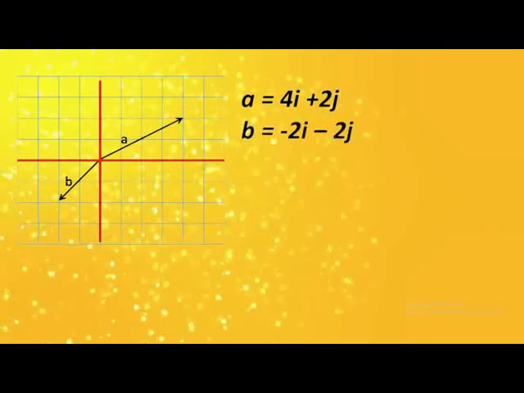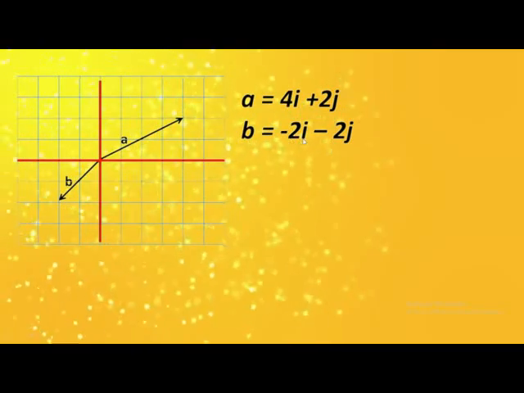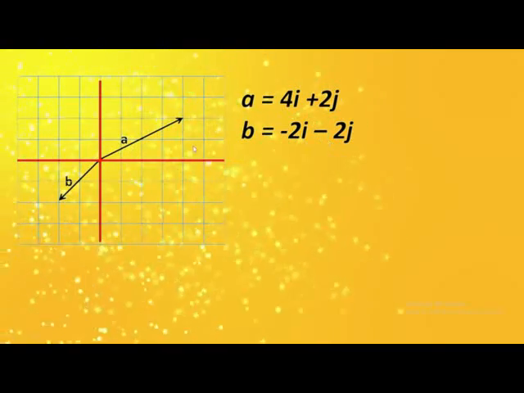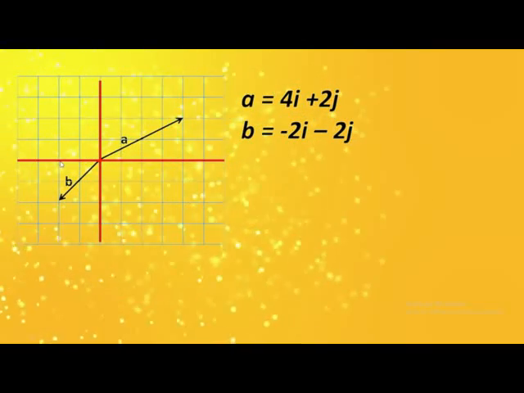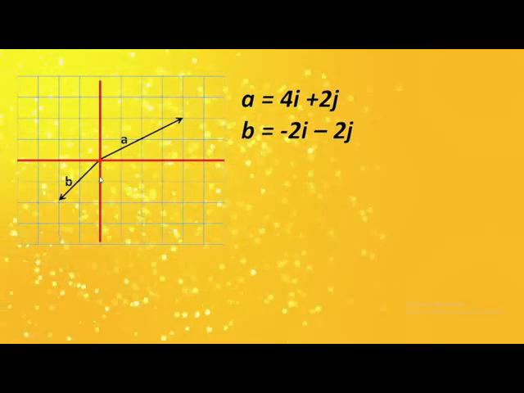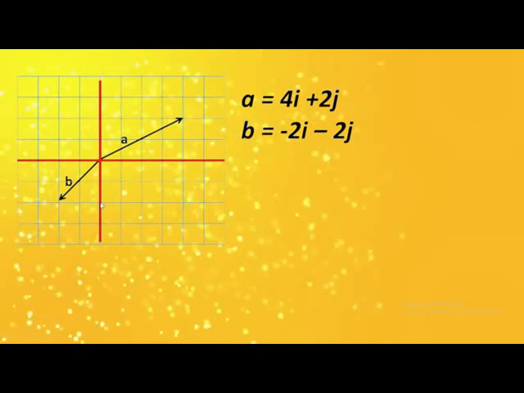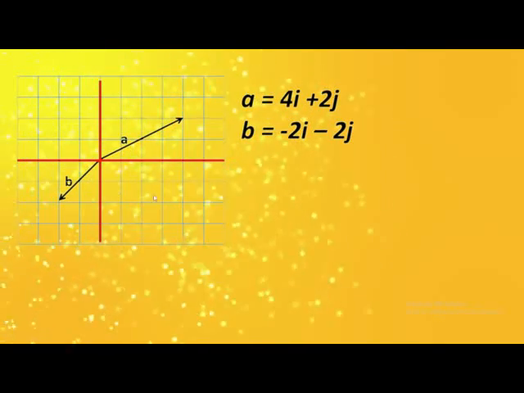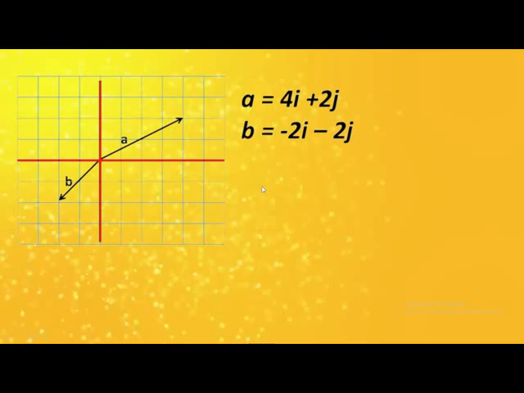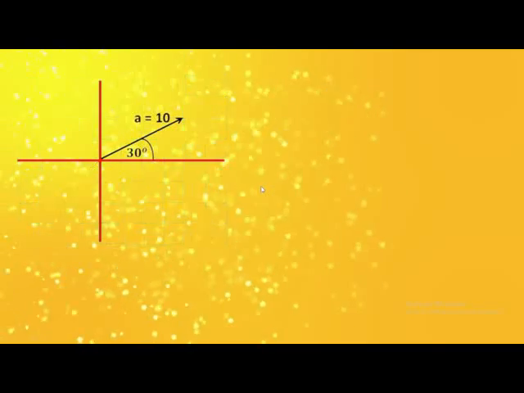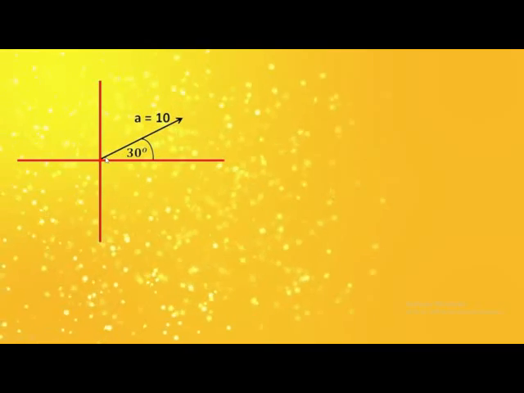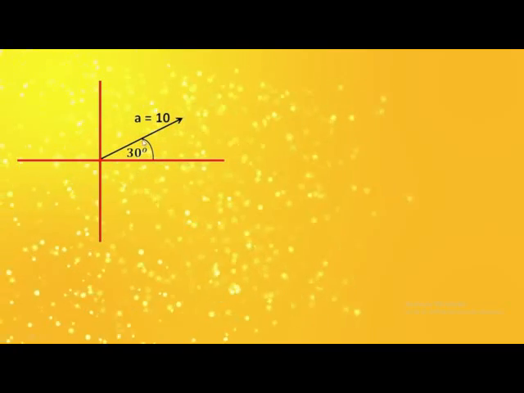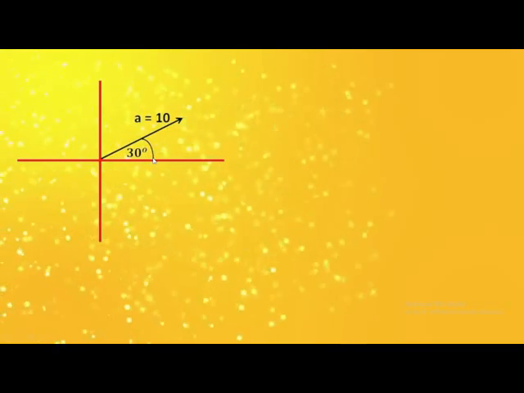And vector B is negative 2i minus 2j, because it's 2 units to the left, which is negative, and 2 units downward, which is also negative. But what if the vector is given in this case? We don't know the units, we just know the magnitude of the vector and also the angle.